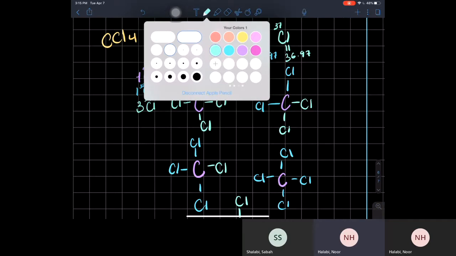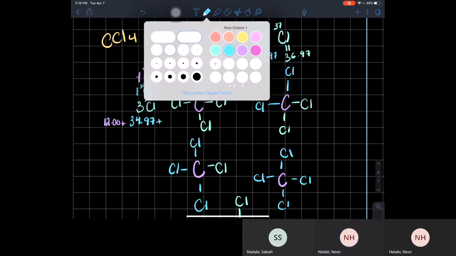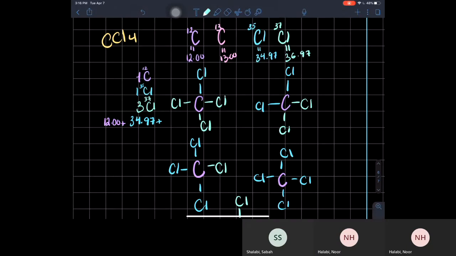So to calculate the mass for this one, you add the 12 plus the 34.97, plus we have 3 of them, so 3 times 36.97. Okay.